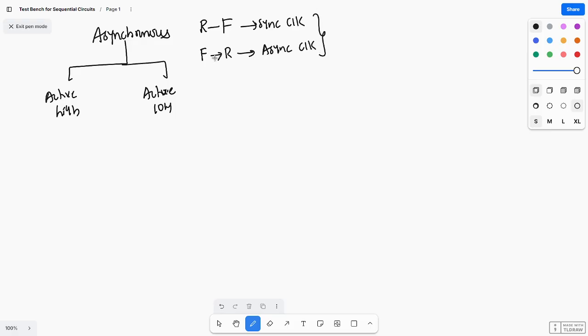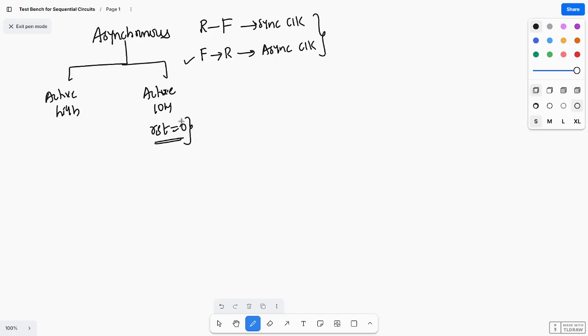Mostly in industry we use asynchronous active low reset. Sometimes if you want to reset your design, the clock will not work, so you can't reset your design. That's why you need to use asynchronous, and that too active low. Active low means when reset equal to 0, you are operating in reset mode.